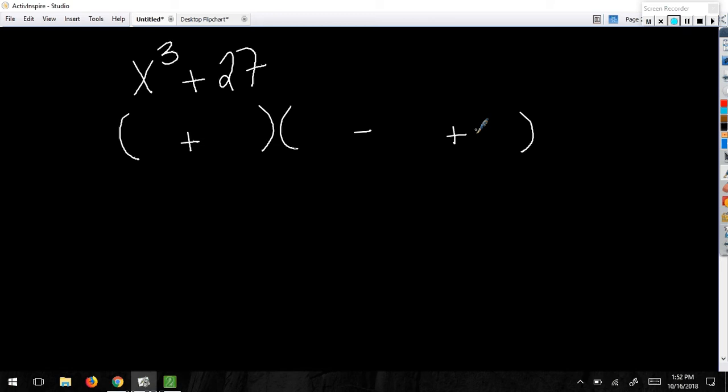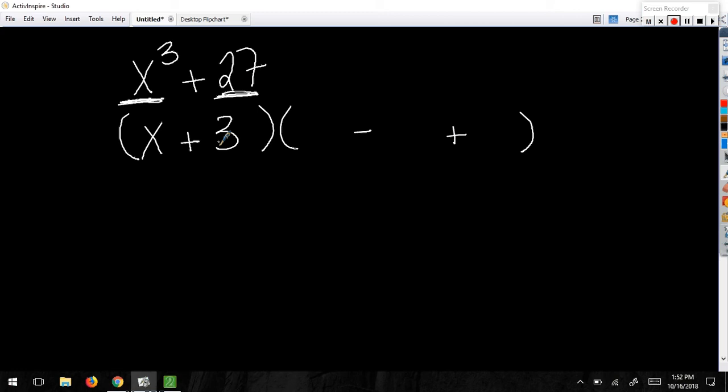Okay, look at the first set of parentheses. What times itself 3 times gives you x cubed? X. What times itself 3 times gives you 27? 3. Do we all see where those two numbers came from?